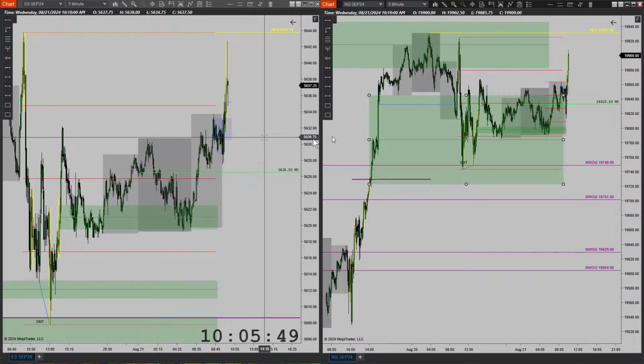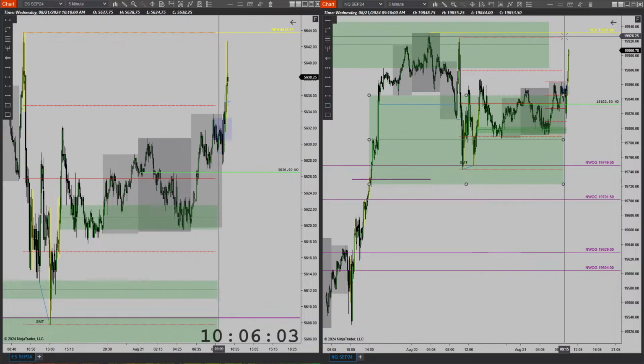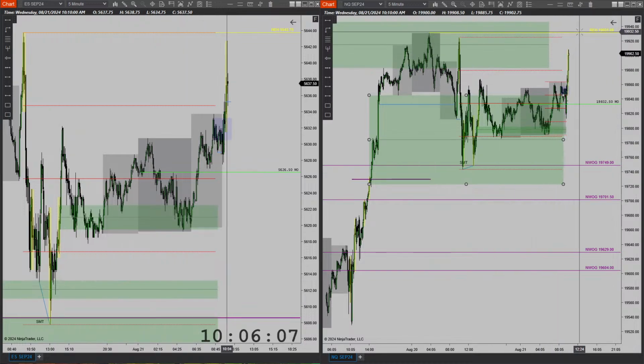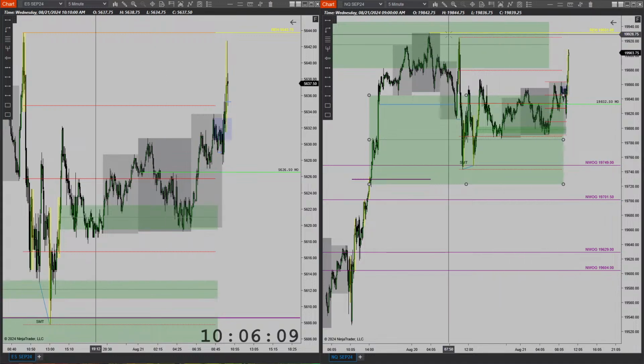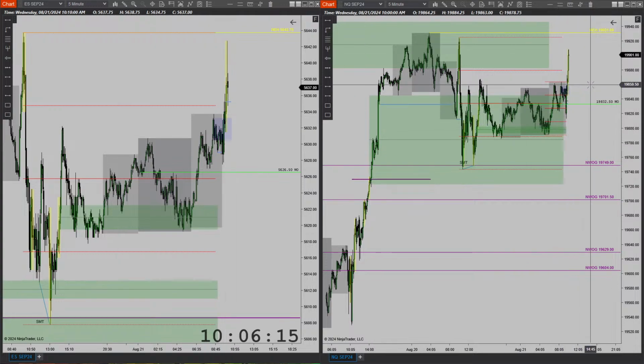I'm just extremely happy at my executions today, my ability to read price action. So it looks like we are going to target these highs here within the macro, and that's low resistance runs.